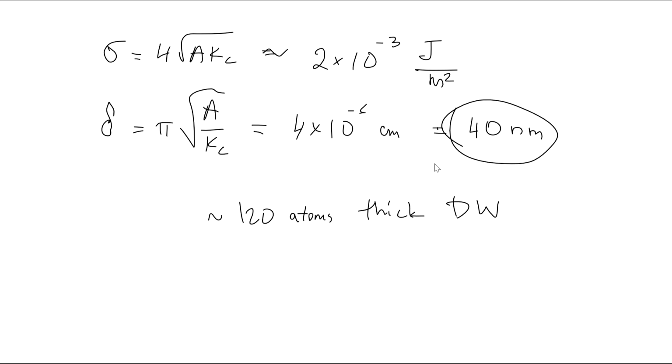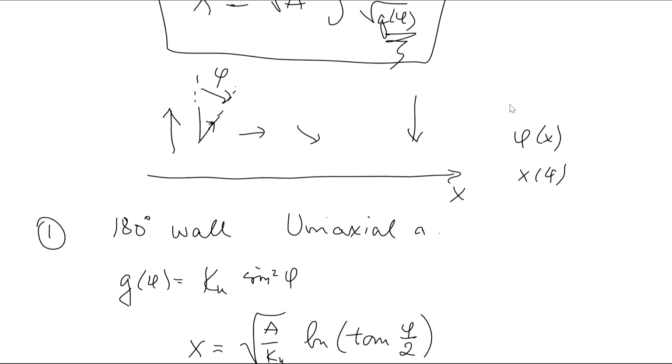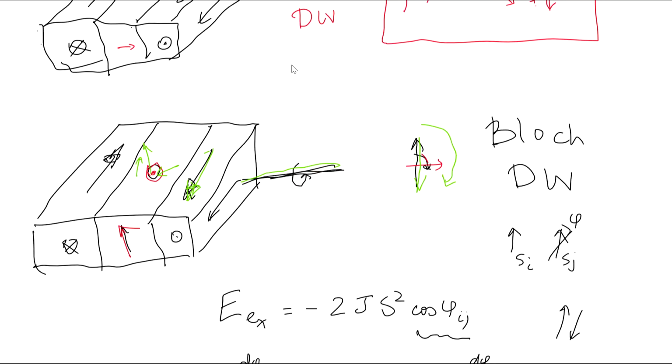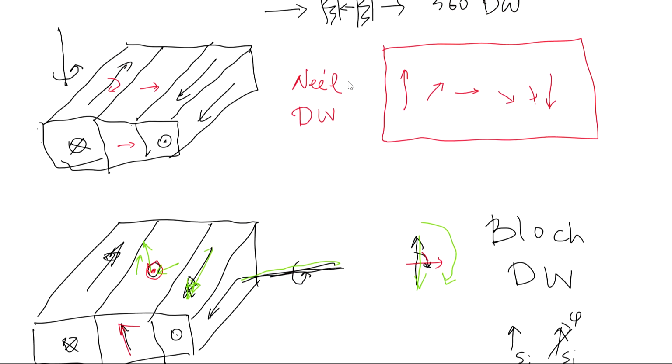Okay, so that is what I would like to tell about domains. And if I scroll back, there are different types of domain walls, and these different types of domain walls are, again, a trade-off of different energies. There is exchange energy that wants magnetic moments to be parallel.